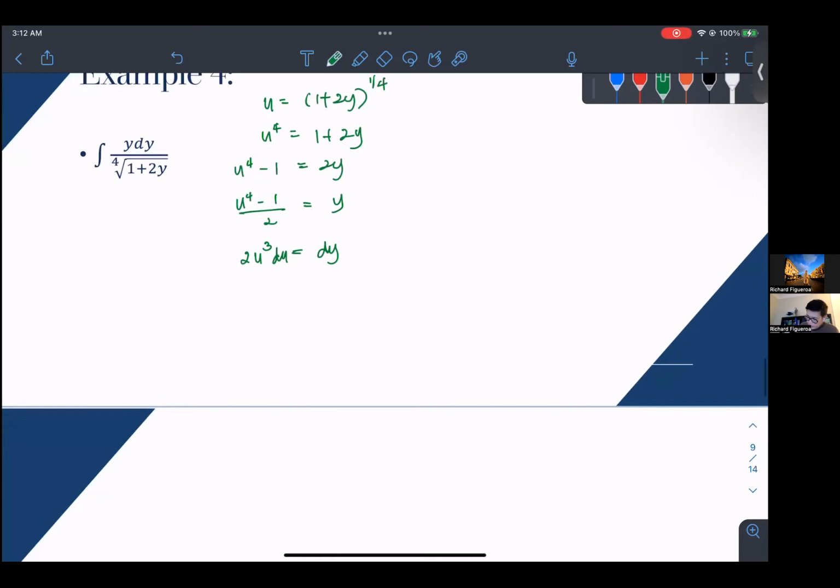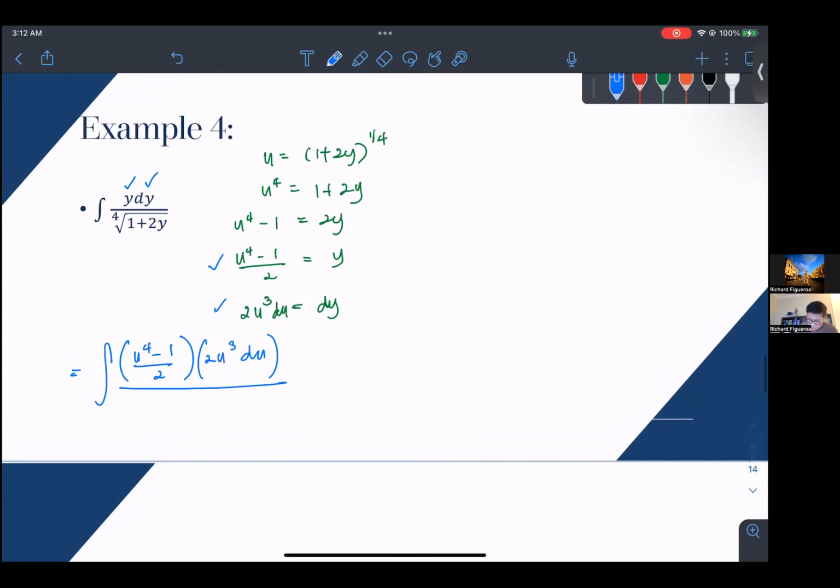So now we substitute. What is y? It's u to the fourth minus 1 all over 2. dy is 2u cubed du. Then our u is this. So 2 and 2 cancel out.